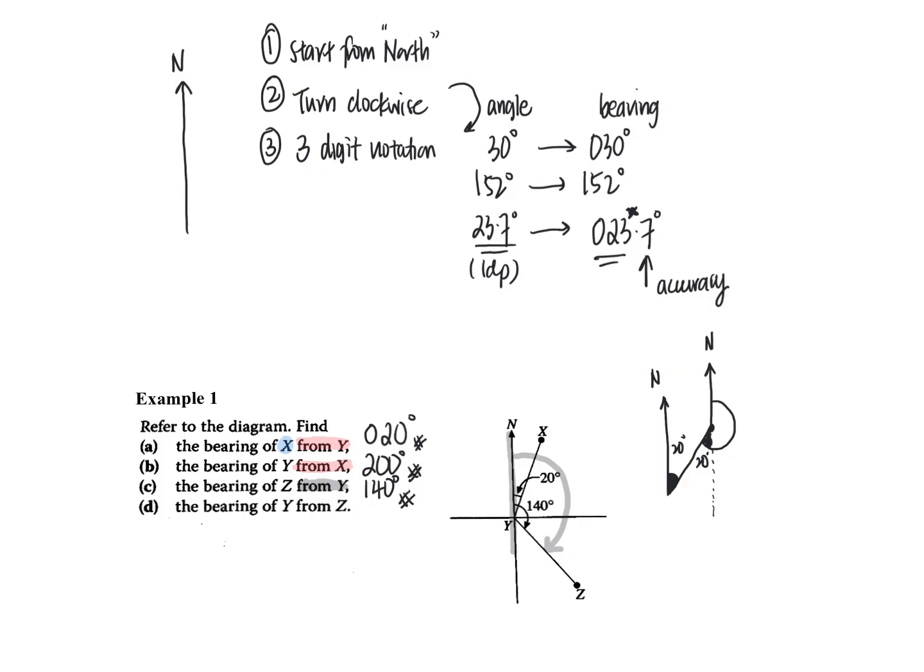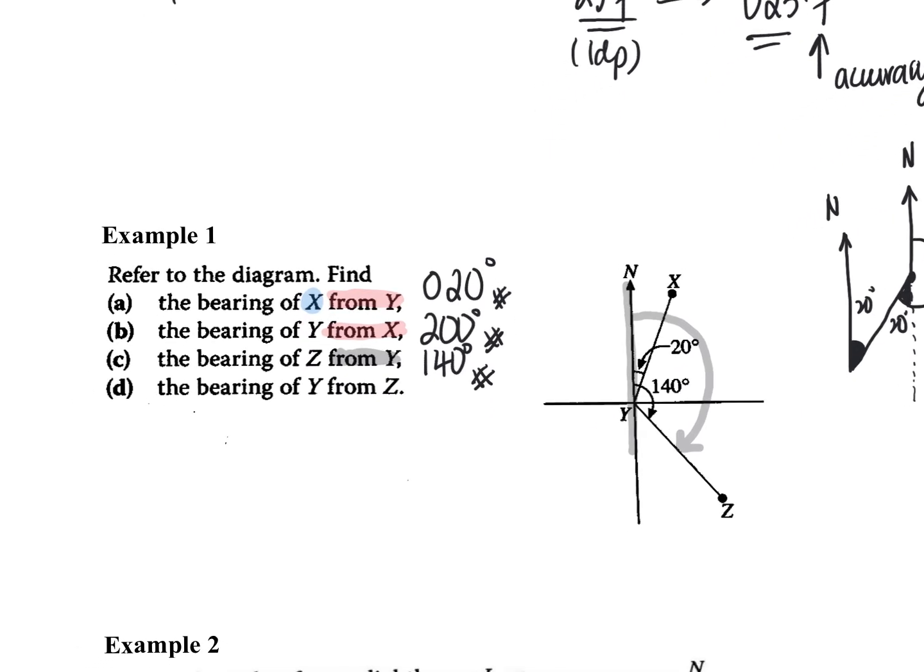Okay, last one. I am at Z. Now I am at Z, facing the North Pole again. I need to turn until I see Y. So I turn my whole body, keep turning until I'm facing Y. So you just imagine the clock hand.